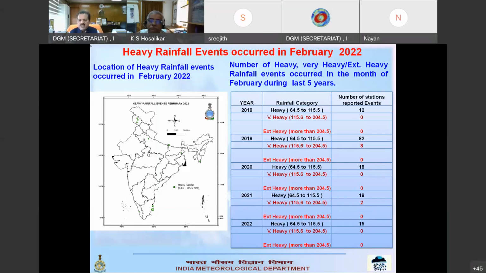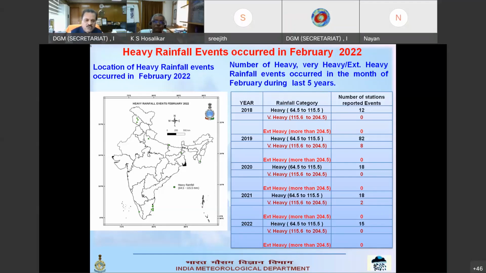If we consider heavy rainfall, the total number of heavy rainfall events was 15 in 2022, against a quite high figure in 2019, about 82, then 18 each in 2020 and 2021, and 12 in 2018. So I'll say that this year the heavy rainfall activity has been subdued as compared to the recent past 3 years.